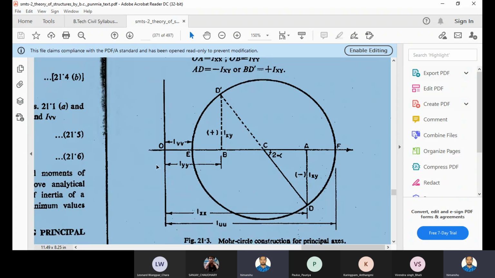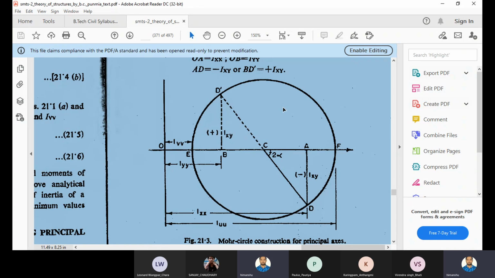As you can see, the distance from the origin point to the ending point of the circle, the second point where it coincides with this axis, is the value of IUU.